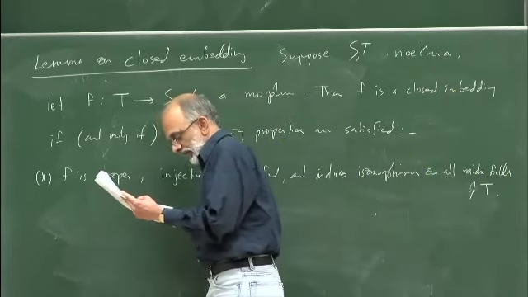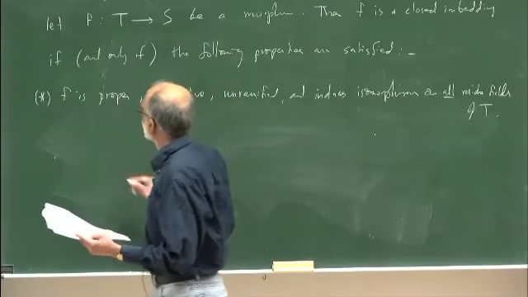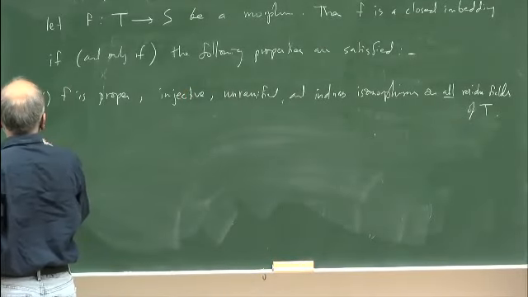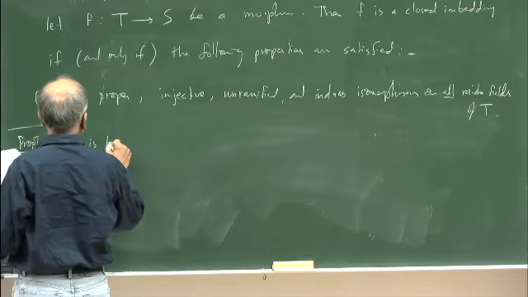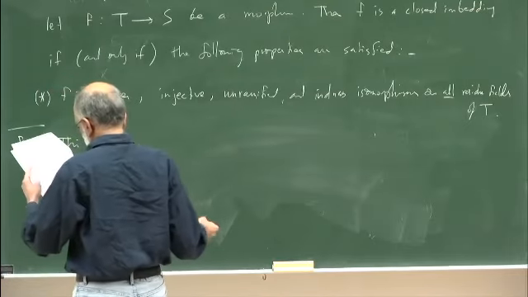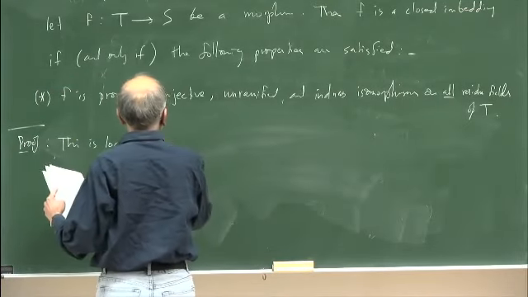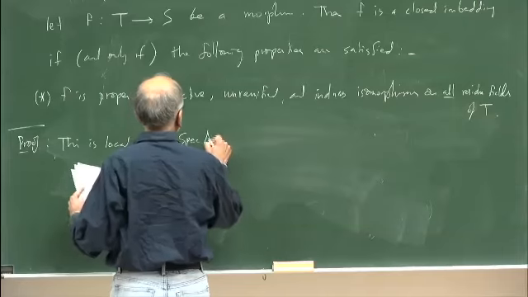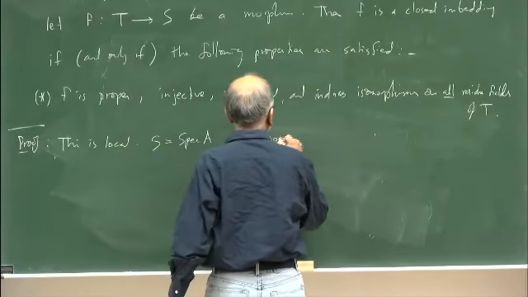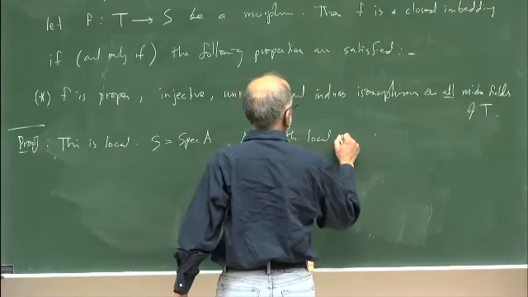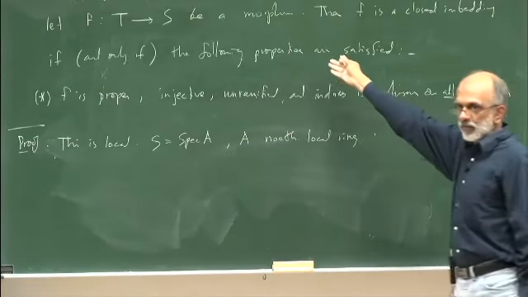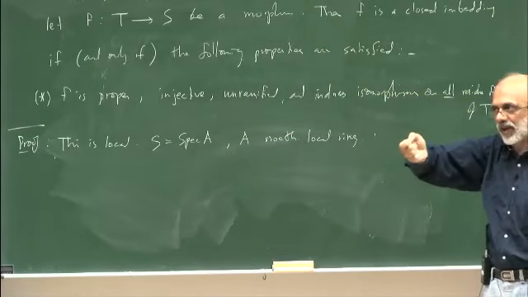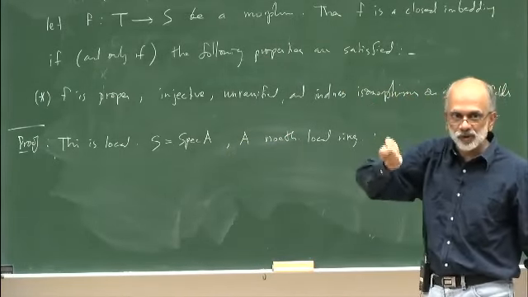Let me prove it. So this proof of the lemma, this is local. So I can assume S equal to Spec A, a Noetherian local ring, and then a proper injective morphism is finite, and there is also only one point above my closed point.